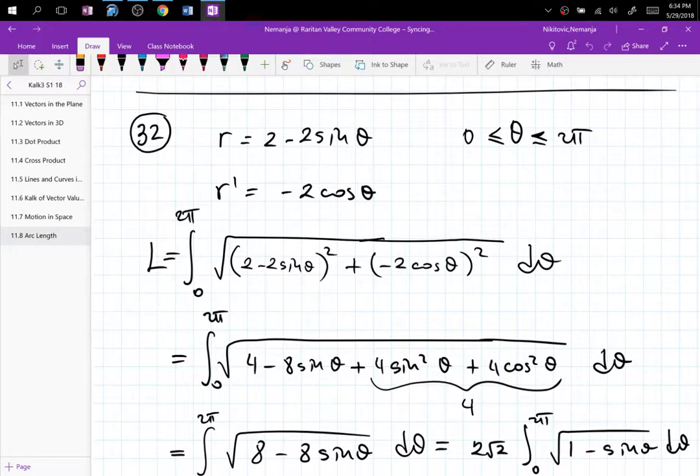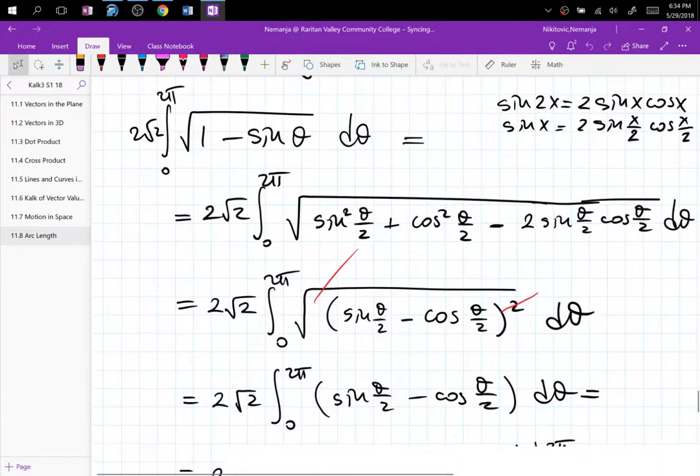And then theta equals pi gives 2, so this is pi. So I need to integrate from pi over 2 to 3 pi over 2, I believe, right? Because that will give me this piece only, and then I can double that.